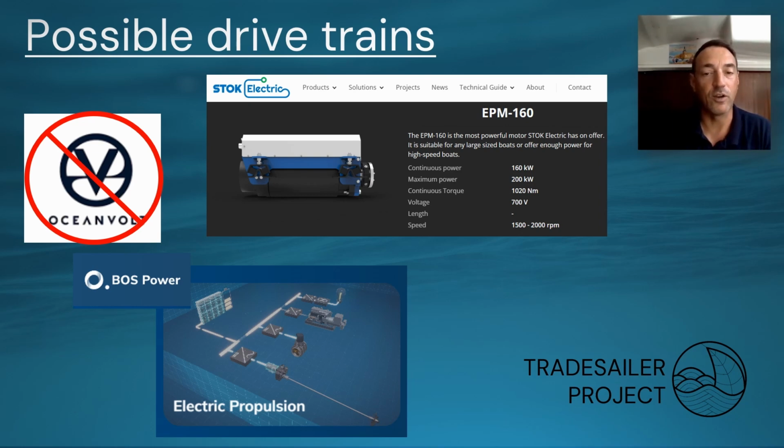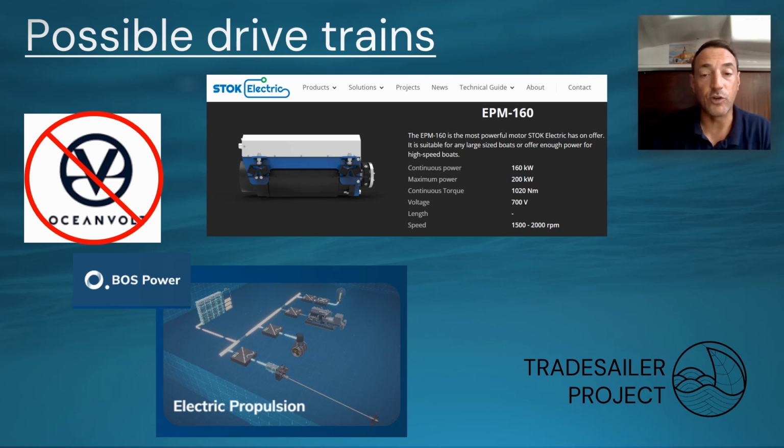Seeing that we've got a lot of power, we need a high voltage to keep the amps down. And they said no, they can't do it at this time. Maybe in the future. The reason I liked Oceanvolt is their regeneration. They've got a servoprop system, a prop whose blades you can adjust electrically, and therefore optimize the regeneration and also the propulsion, of course. But the regeneration is especially what they're very good at. So it's a shame, no Oceanvolt.